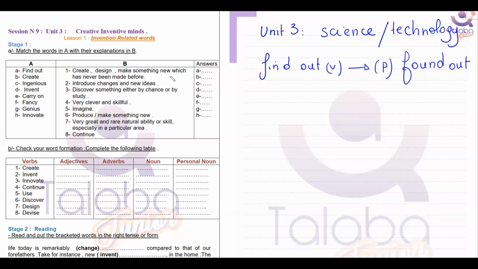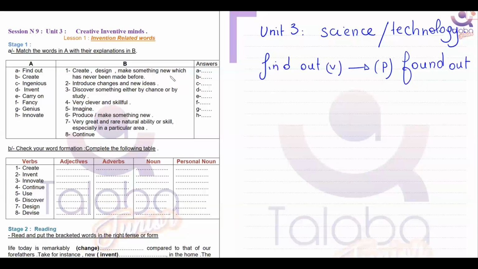Now let's start with the word find out. What is the meaning of find out? I gave you the example of Christopher Columbus, who found out America. It means Christopher Columbus discovered America. So find out means to discover something either by chance or after studies. Okay?